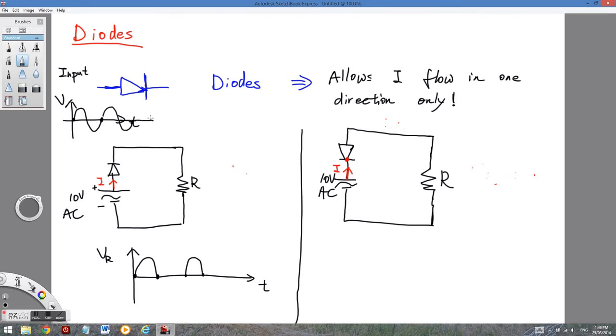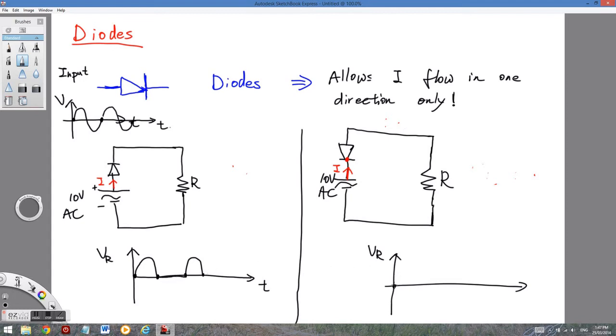The diode only allows the positive part of the current to go through, so it would look like that. Similarly, for the second diagram, if I reverse bias the diode, then the diode would only allow current to flow from the negative direction.